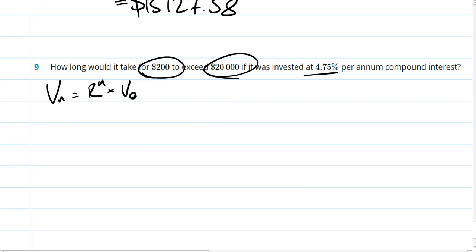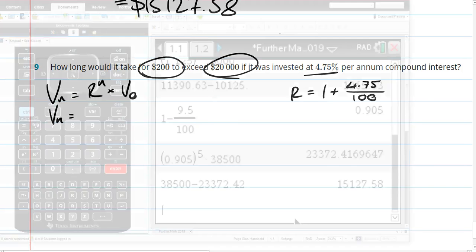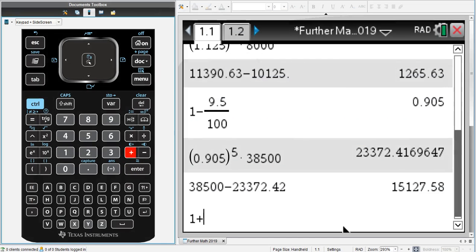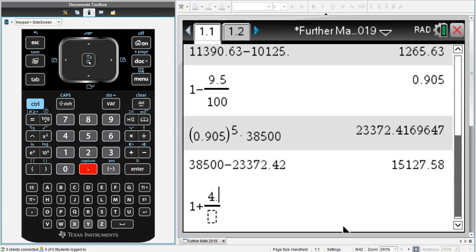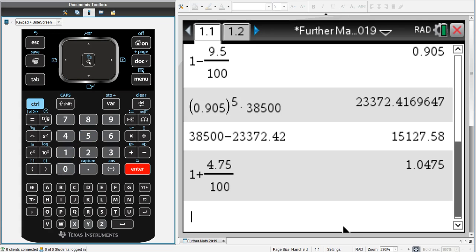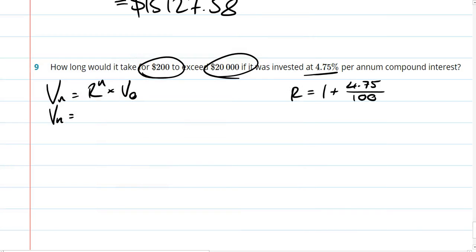So first we set up our expression. Vn equals R, compound interest, 1 plus 4.75 compounding yearly, so just 1, over 100. 1 plus 4.75 over 100 is 1.0475.